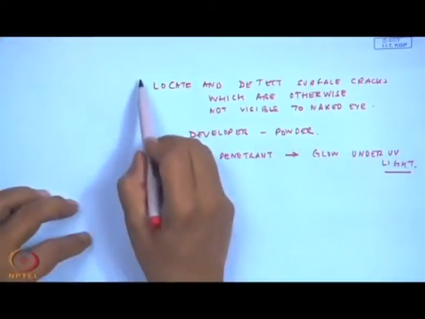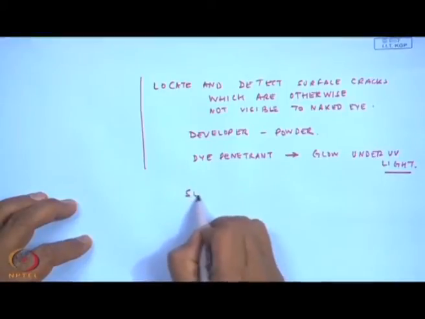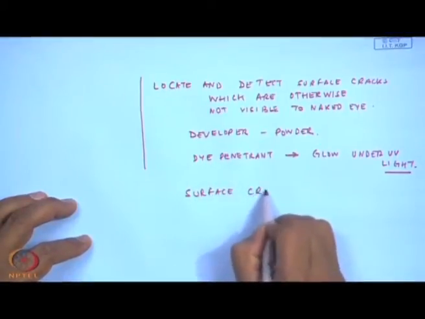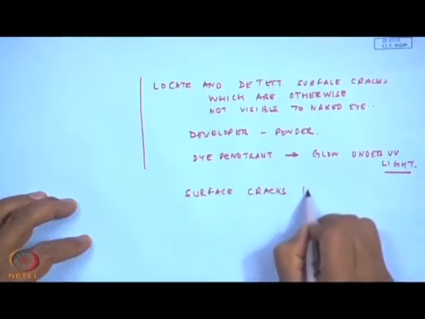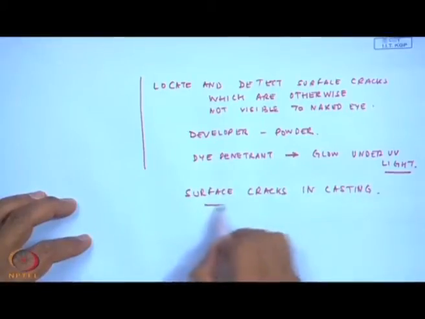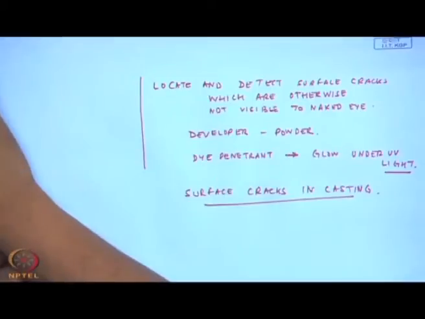Okay. So, this is how dye penetrant tests are usually done to find out surface cracks in castings. All kinds of surface cracks can be detected by such UV lights.